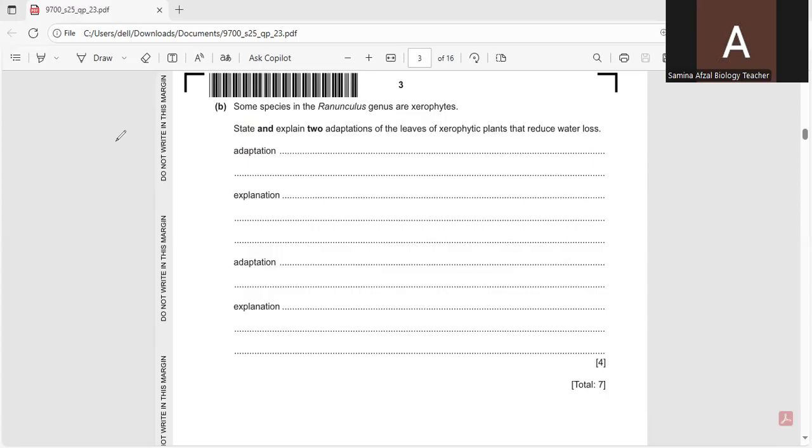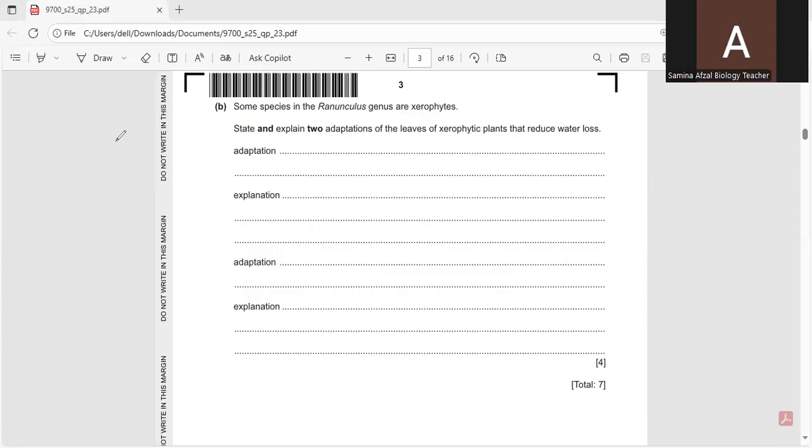The second can be sunken stomata, or stomata in pits. The stomata are located in small pits or depressions below the leaf surface, often in chambers containing hairs. This structural arrangement traps humid air above the stomatal pores, creating a layer of still moist air. This significantly reduces the water potential gradient between the inside of the leaf and the outside air, slowing down the rate of water diffusion.